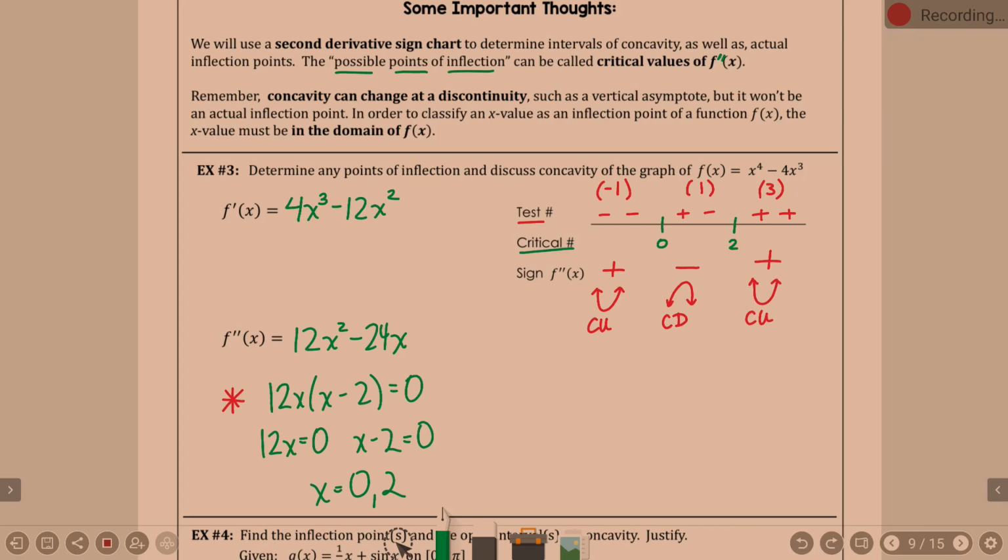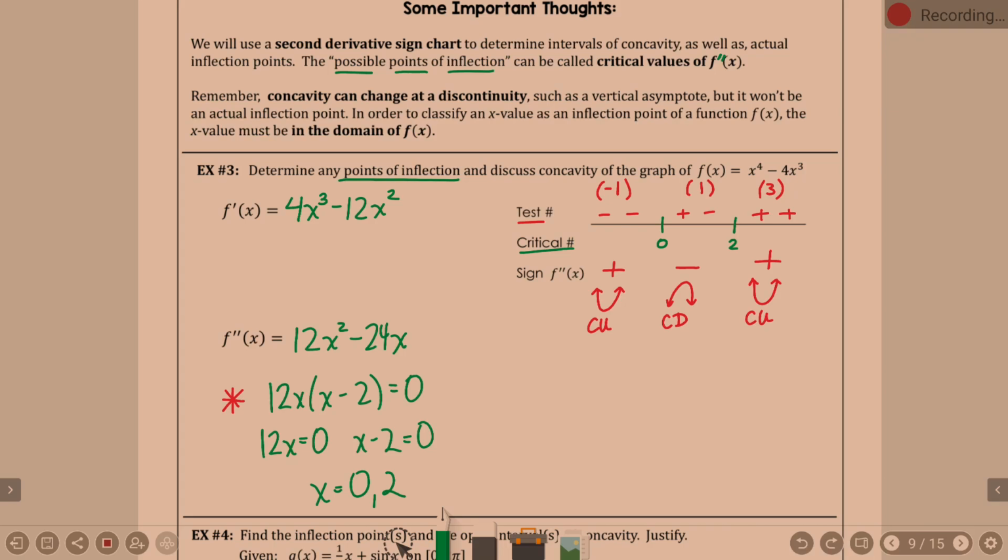If concavity doesn't change, they're not points of inflection. Now, the way it says that, it doesn't say where are the points of inflection, as in they're at x equals 0 and x equals 2. It's more what are the points, so more like ordered pairs.